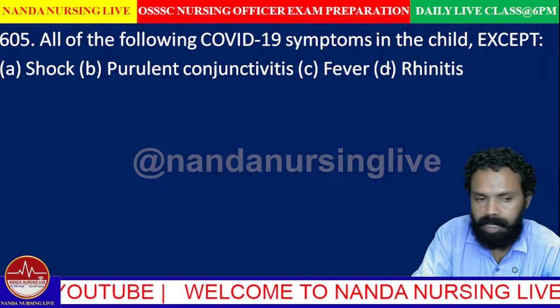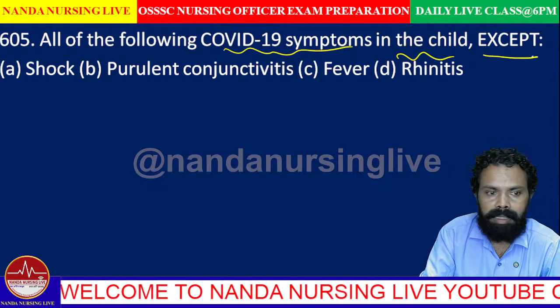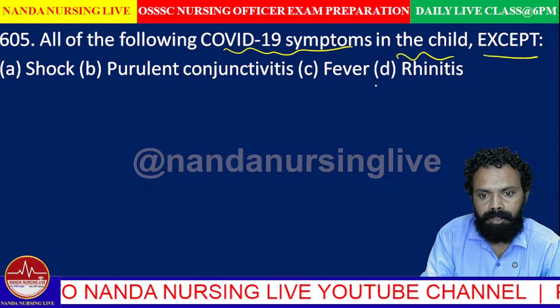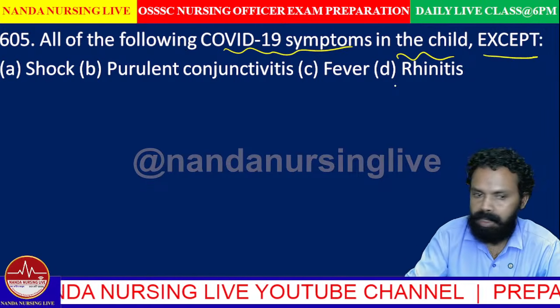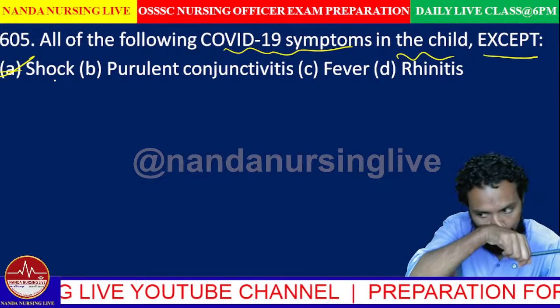Next question number 605. All of the following are COVID-19 symptoms in the child except: option A shock, option B purulent conjunctivitis, option C fever, option D rhinitis. So which option is the correct answer? Correct answer is option A shock, right.